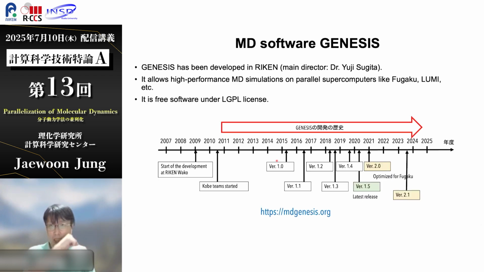The MD software GENESIS has been developed at RIKEN, and it allows high performance MD on parallel supercomputers like Fugaku, LUMI, and so on. And it's free software under the LGPL license. So if you are interested, please download it. You can just access this website, and you can find much information about this MD software.